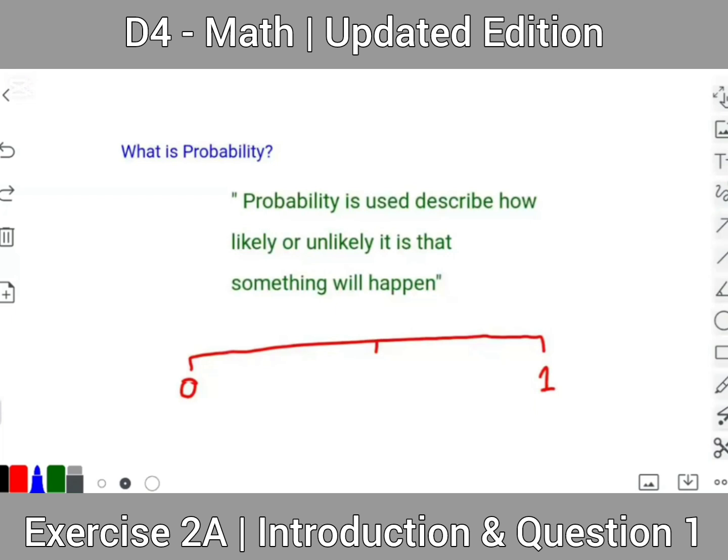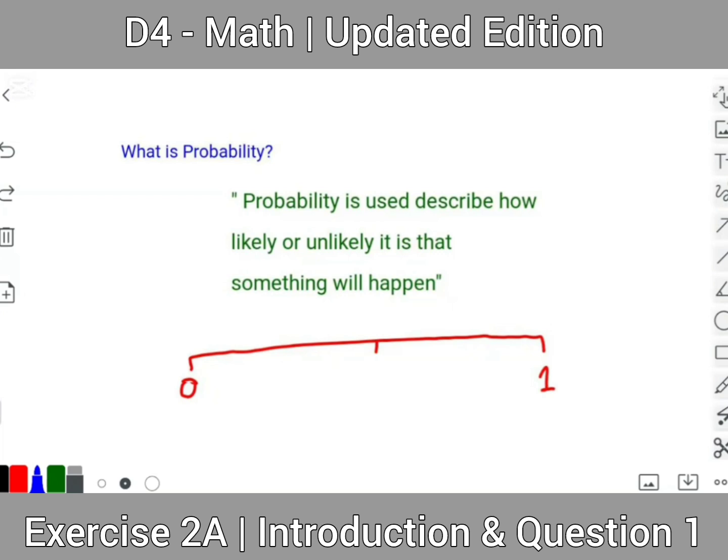Now it's time to learn what probability is. The probability is used to describe how likely or unlikely it is that something will happen. Something is any experiment that we can consider. And the probability always lies between 0 and 1.